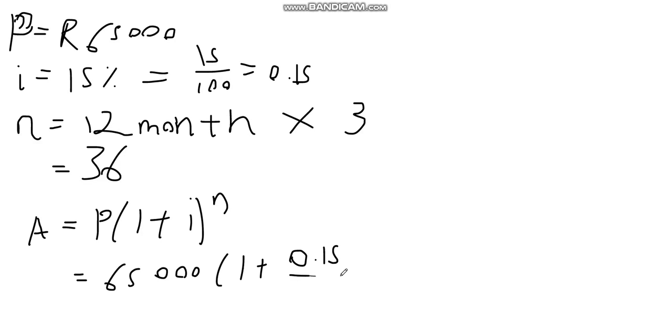0.15. And then here's a key thing, guys: the interest rate that you have, always divide it by your n, by your period. So what was our period? It was 36. So that interest rate is over the period of 36 months. And why? Because, remember, the interest rate they said is 15% compounded monthly. So that's why we divide by 36. And then the duration is 36 months.